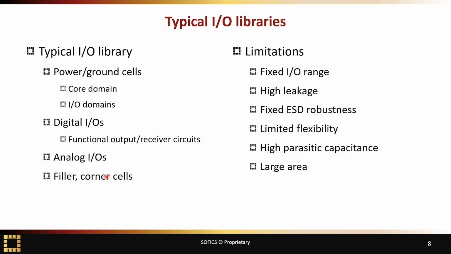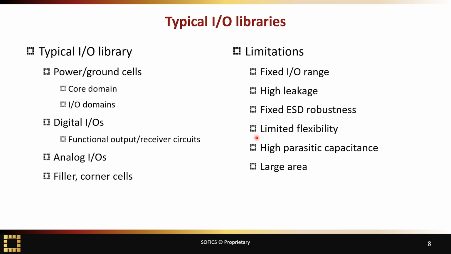For instance, the I/O range is fixed, in the sense that maybe it only goes to 2.5 volts, while people still need higher voltages. Frequently, the I/Os from the standard library introduce a lot of leakage. They are also designed for a fixed ESD robustness, for instance 2000 volt HBM. They come with limited flexibility.